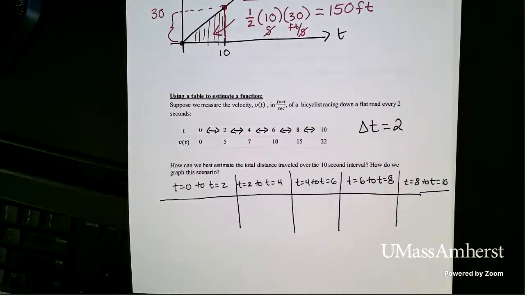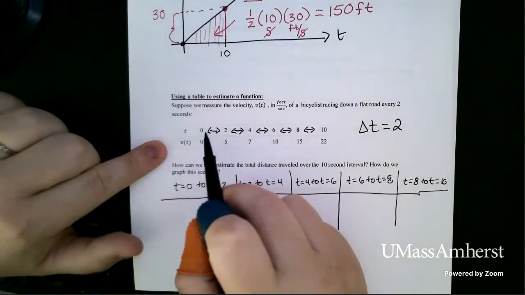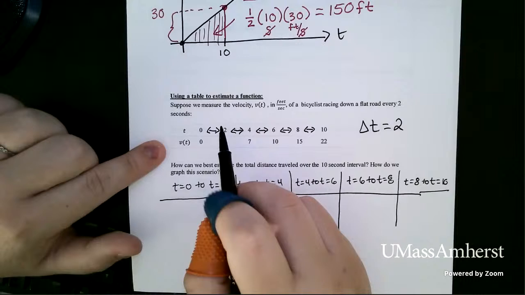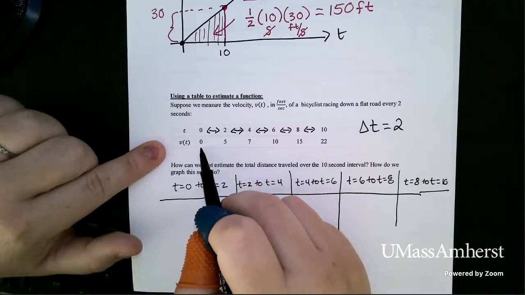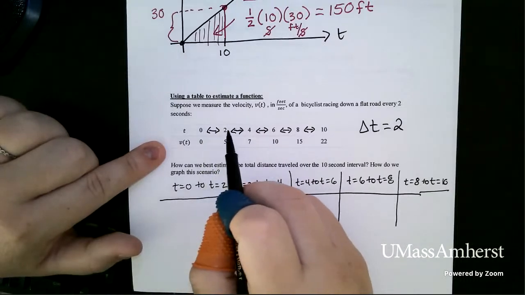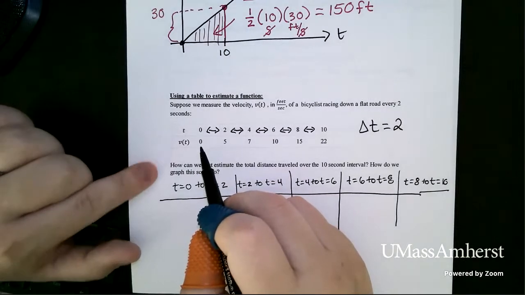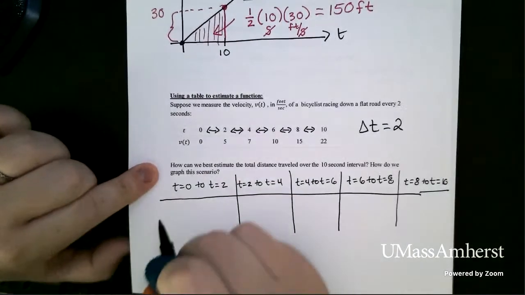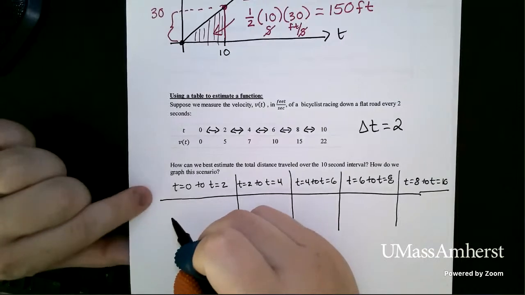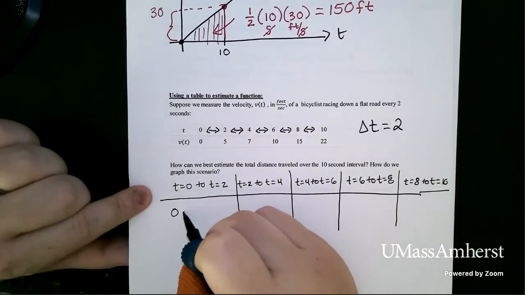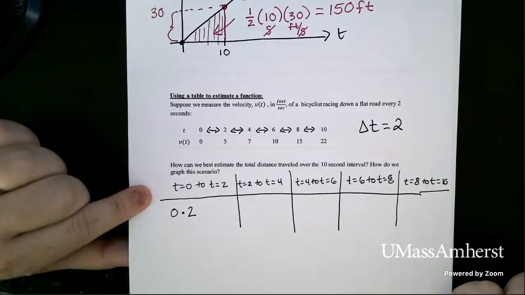What does that mean? For the first 2 seconds, from time equals 0 to time equals 2, I'm going to pick the rate on the left. So I'm going to assume that I was going 0 for those 2 seconds. That means my rate times time will be 0 times 2.